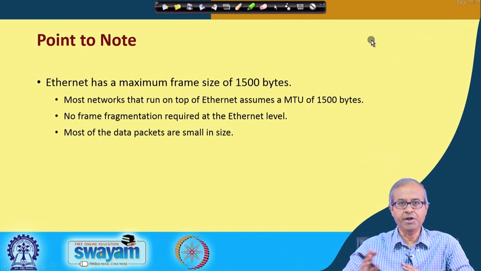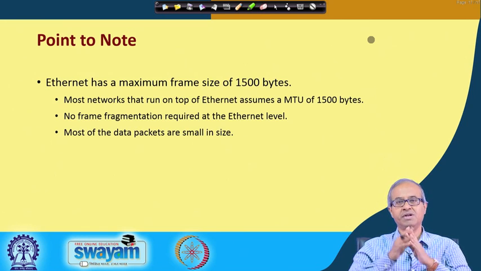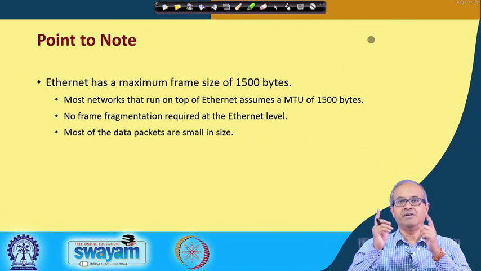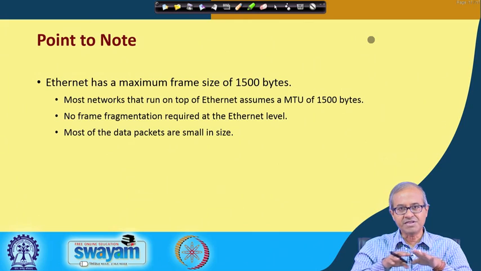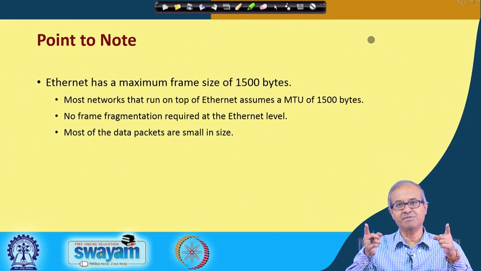So, the point to note is that this IP protocol that we are talking about mostly runs on top of the Ethernet protocol in most of the networks we see. Now, in Ethernet, which is at the data link layer, the maximum frame size is 1500, but IP protocol can have a packet size of maximum approximately 64K.